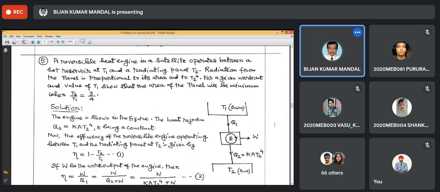The sink here is the radiating panel, which is radiating heat, and that radiation of heat is K A T to the power 4, because it is proportional to the area of the panel and to the temperature of the panel. Because it has to be rejected heat, and that is the way it is rejecting heat.